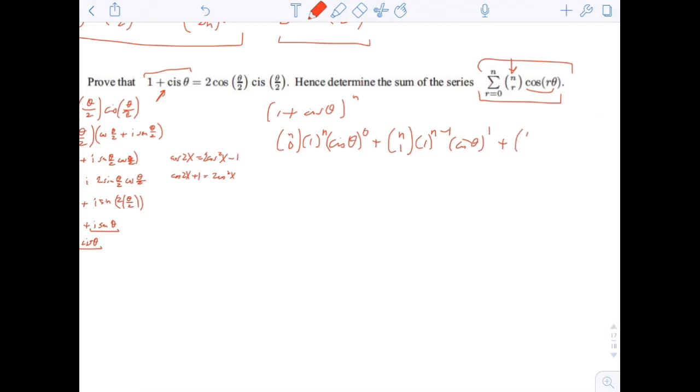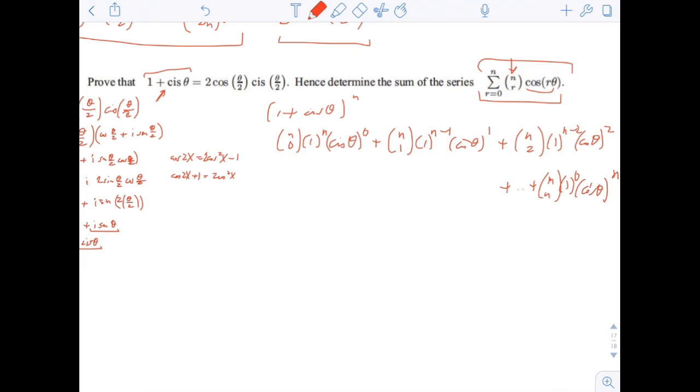And then n choose 2, we'll get 1 to the n minus 2 times cis theta squared plus dot dot dot, plus, and the last term would be n choose n, 1 to the 0 power, and the last term would be cis theta to the nth power.